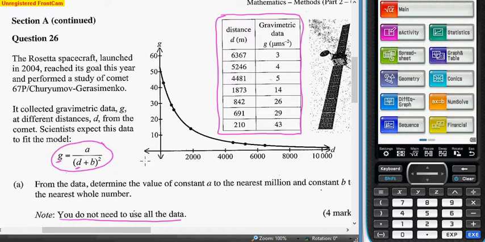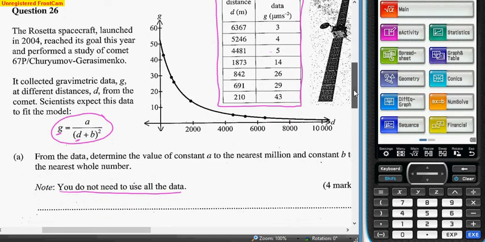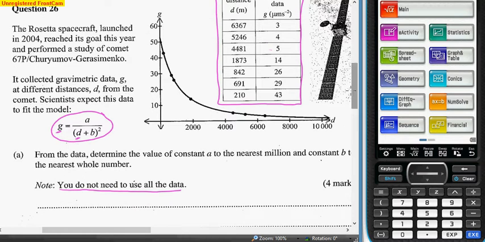First thing I'll do is write down on the page, because you can't just do it on your calculator, you've got to write down to the examiner what it is you're doing. So I'll write down very clearly what I'm doing, and then I'll actually do it on the calculator. I have the first point, I'll use the first one, the X value is 6367 and 3 points.